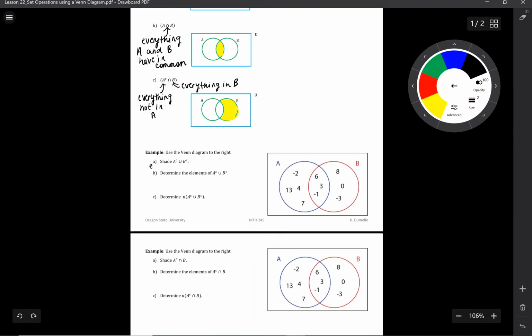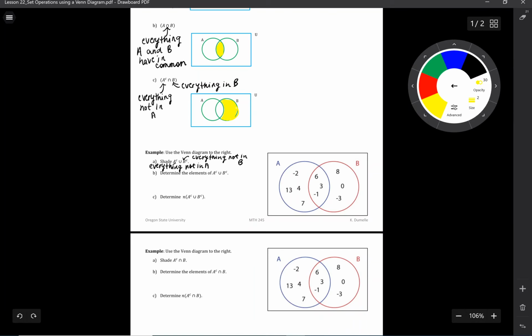So everything not in A and everything not in B. Well, everything not in A is simply B here, and everything not in B is simply A. So we don't have any elements outside of A or B. So here, I will just shade these two portions.